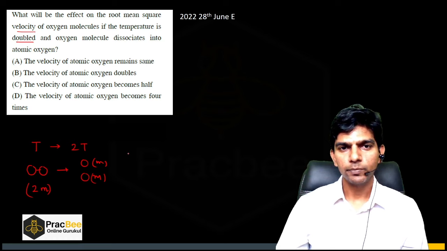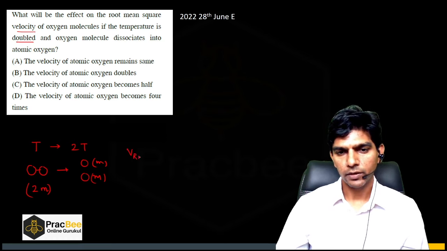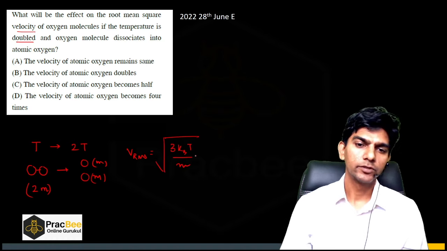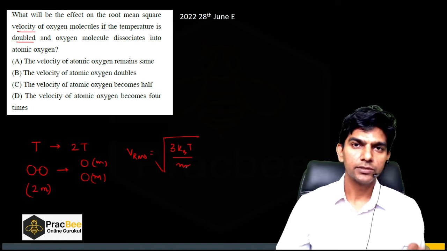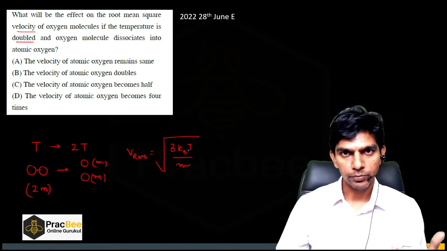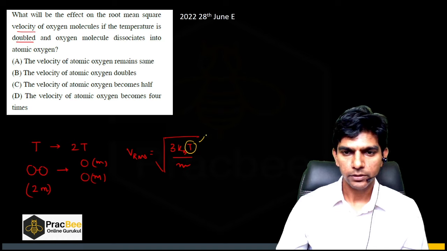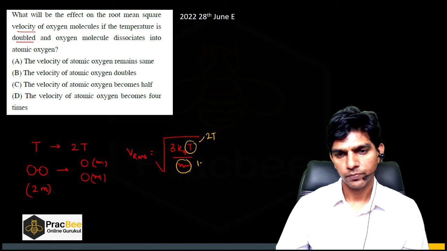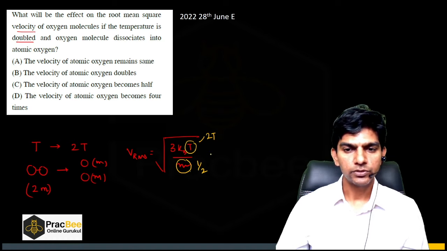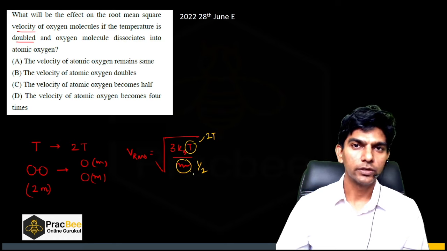And what is root mean squared velocity? Vrms is root of 3 kB T divided by m, where m is the mass of one molecule and T is the temperature of the gas. So this temperature is getting doubled and the mass is getting halved. So there will be a factor of 4 in the square root.